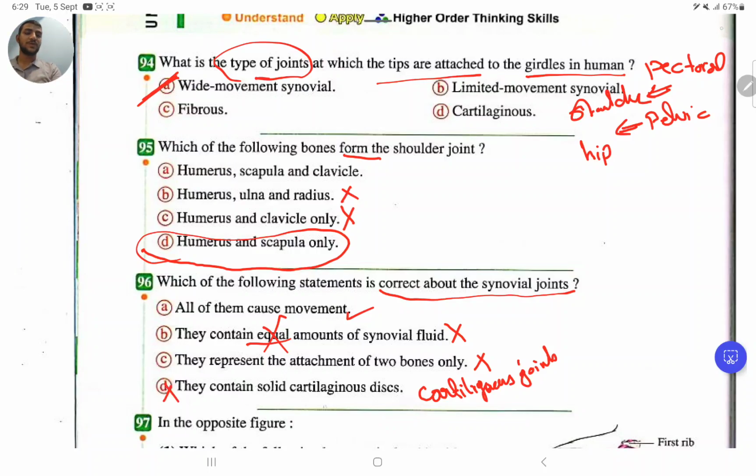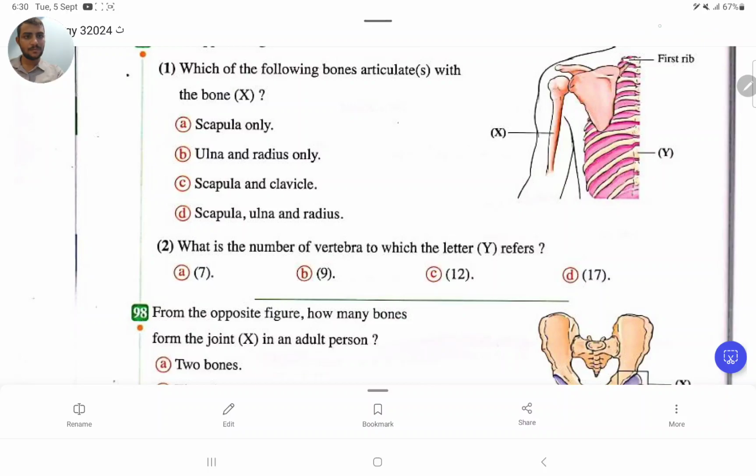So let's move to the next question. Which of the following bones articulates with bone X? What is bone X in the image? It's the humerus bone.